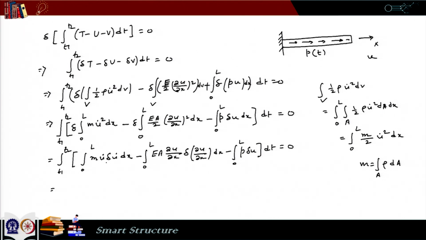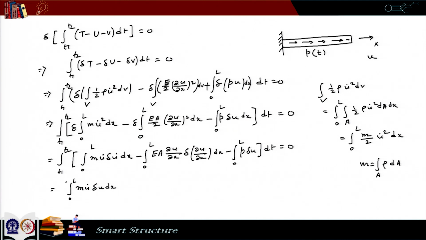Now, what we do is here we have derivatives, but these derivatives are with respect to time. So, we integrate by parts with respect to time. If we do that, then we get mu dot delta u dx. So, we are taking this as a first function and then integrating it with respect to time.